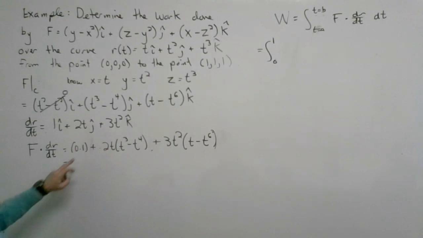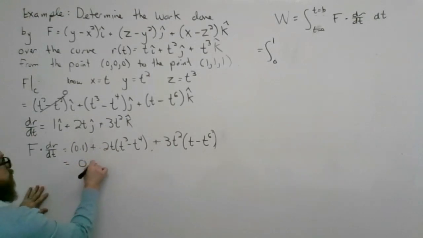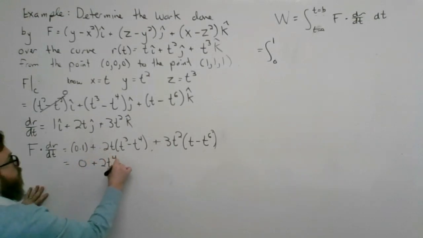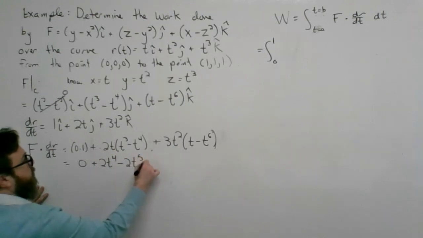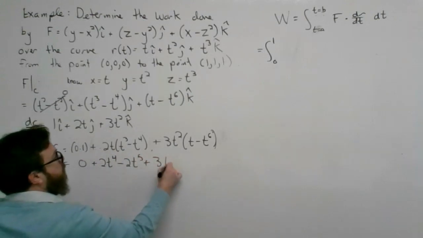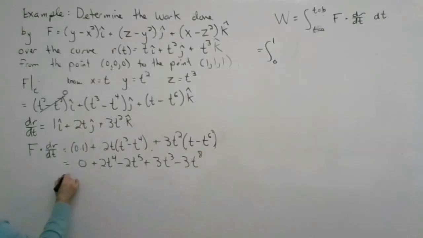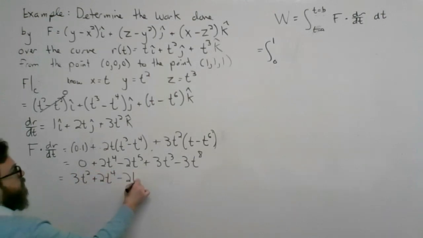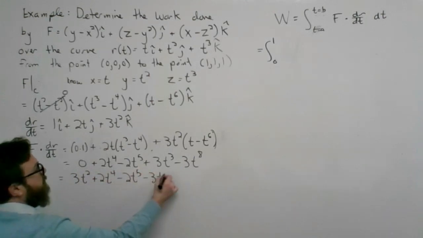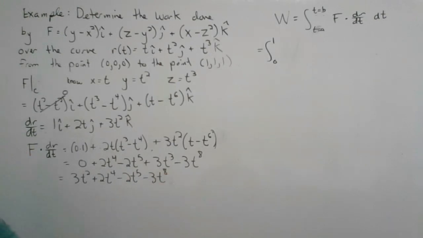So this is going to be equal to 0 plus 2t to the fourth minus 2t to the fifth plus 3t cubed minus 3t to the eighth. So this will simplify to 3t squared plus 2t to the fourth minus 2t to the fifth minus 3t to the eighth. So that is going to be our dot product.